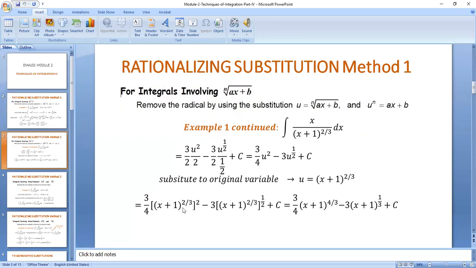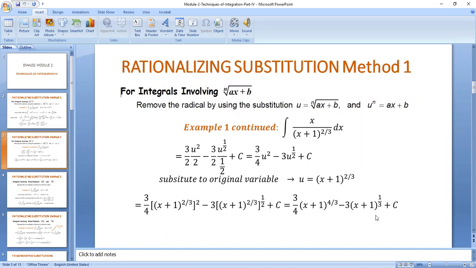Then this would result to 4 over 3 as the resulting exponent. For the second term, you will have 3, and then you have 2/3 times 1/2. The 2's cancel each other, leaving you 1/3 in the exponent. So you have 3 times x plus 1 raised to 1/3 plus c.